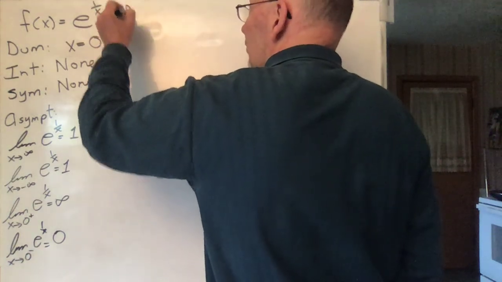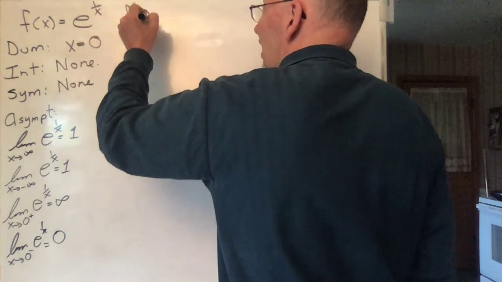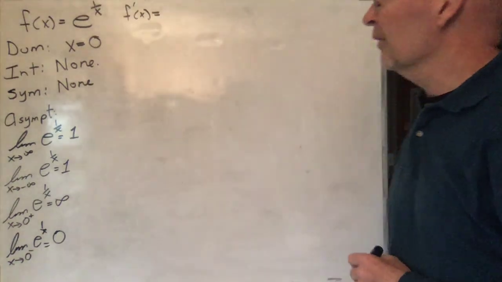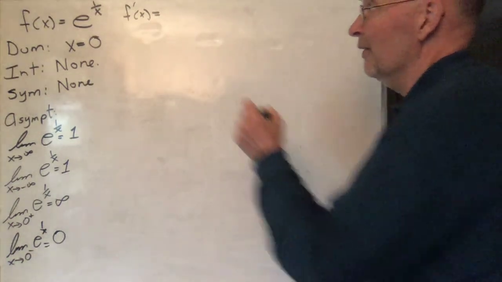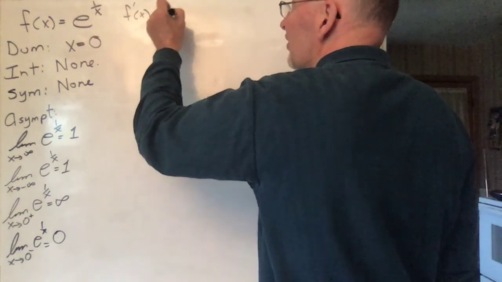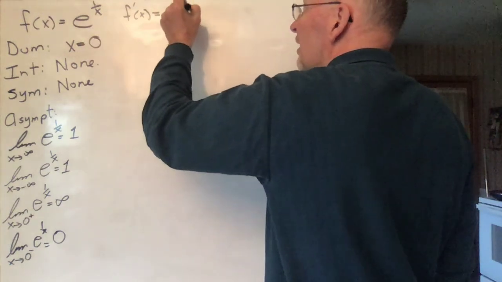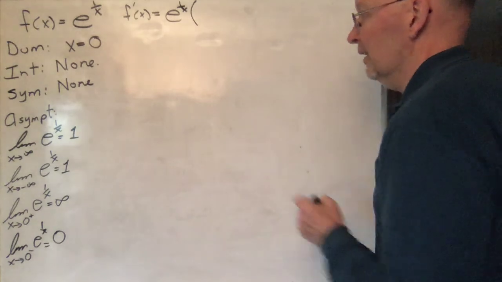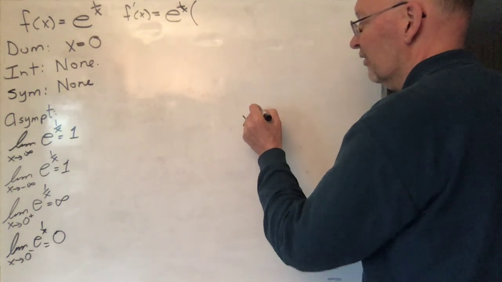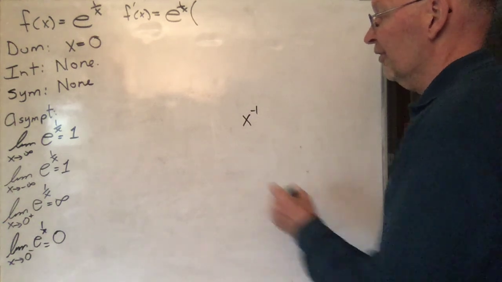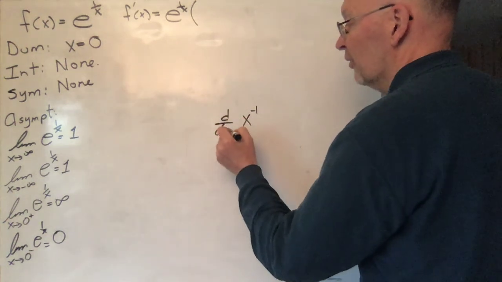You take the derivative, and this is going to be for increasing, decreasing, of course. The derivative of e to anything is e to that thing times the derivative of that thing. Well, what do I have? I have 1 over x, which is the same as x to the minus 1 power. What's the derivative of x to the minus 1 power?